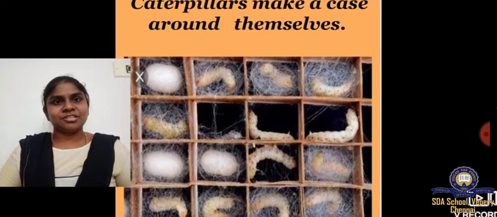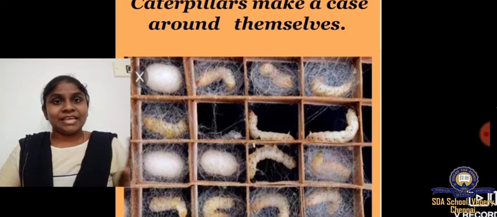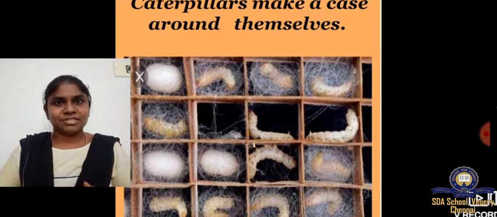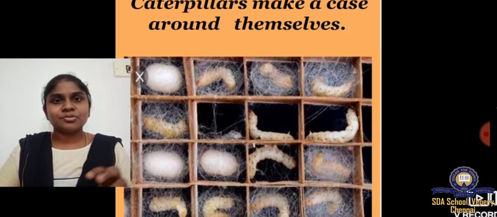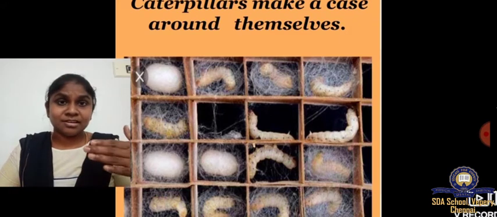Next, look at this. What is this? Do you know what this is? This is a caterpillar. A caterpillar makes a case around itself. By looking at this picture, you can see different boxes. In one box a caterpillar is lying, and in another box you have a thread-like thing that surrounds the caterpillar.